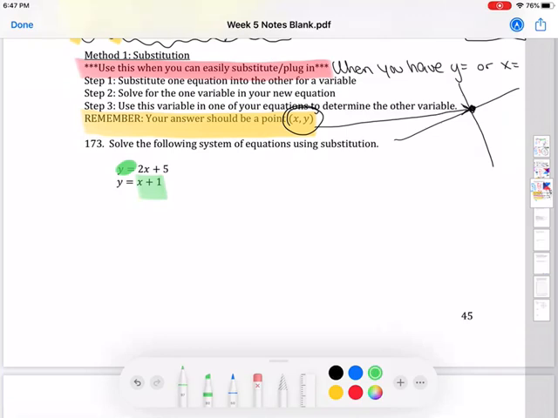So what that means is I can take what this y is equal to and substitute it in to the other equation where I see a y. So I'm going to say that again because it is a lot. We have this y equals up here. In my second equation, it tells me that y is equal to x plus 1.